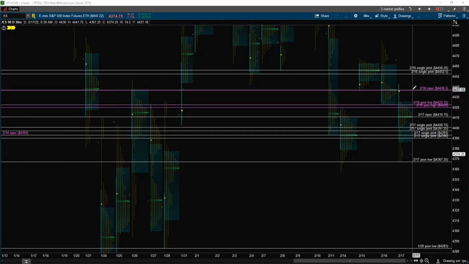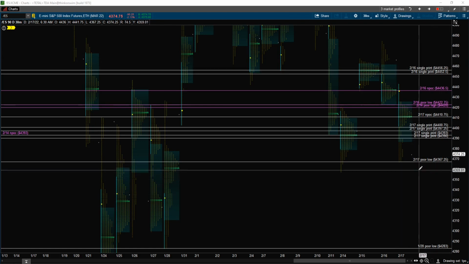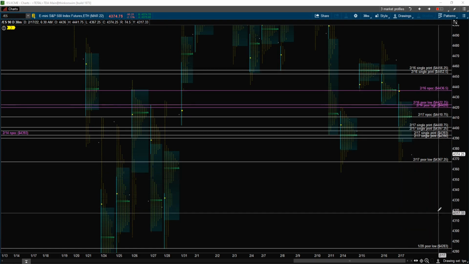So these levels will go away, and tomorrow we'll be watching for this point of control and also the single print to get tagged, and possibly the poor low, and maybe the single print up here. It all depends where the market opens tomorrow. Let's say it opens down here somewhere around 43.50 or below the low from today.